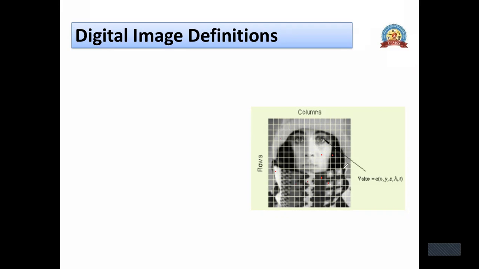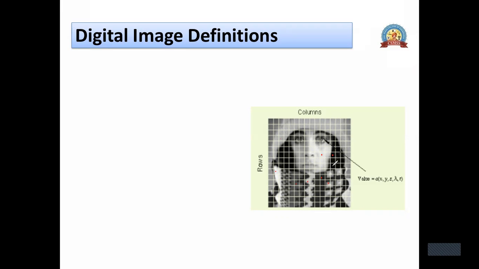Okay, so in particular, we have different types of images, like this is a gray image. We also know about the color image, where everything is in different colors. So that is a color image. We also have the black and white image. A black and white image will have just two colors only, that is black and white, not the shades of black and white.